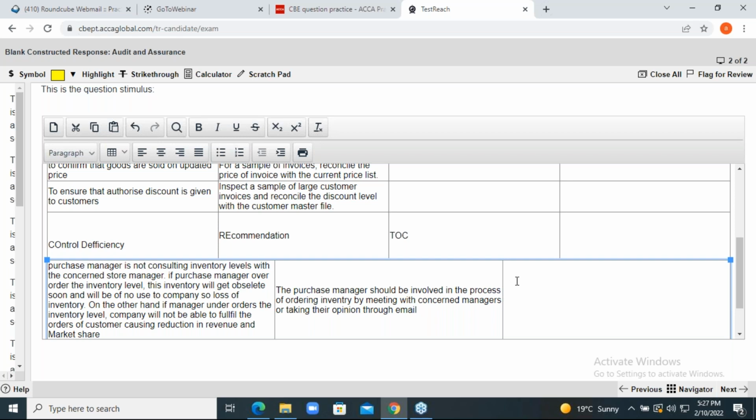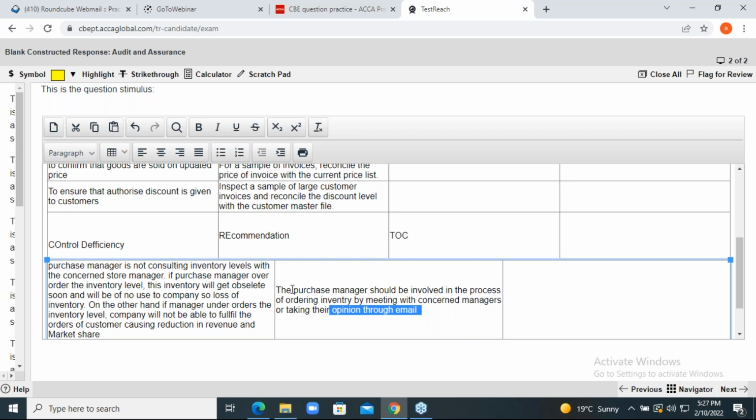So what would be the test of control? If the purchase manager is involved through a meeting, there will be minutes of the meeting in which the purchase manager's signature will be the evidence of his involvement. And if he is involved through email, then as evidence, his email should be received by this purchase manager.